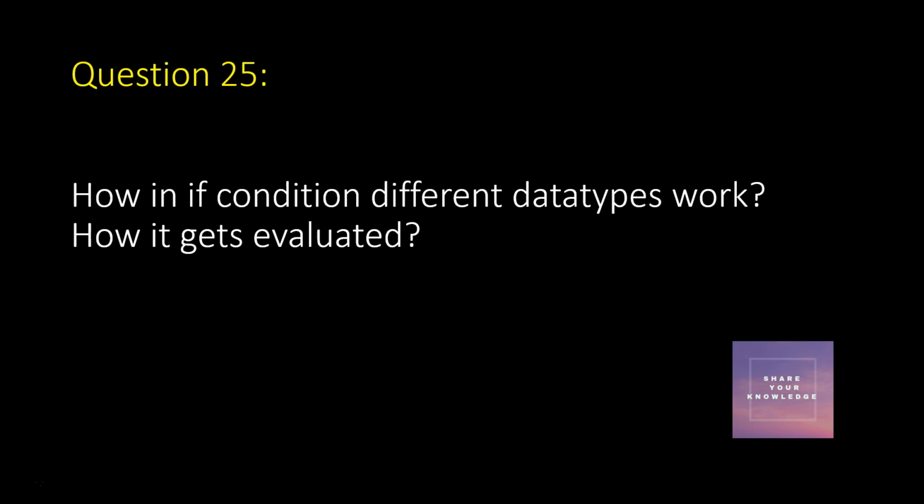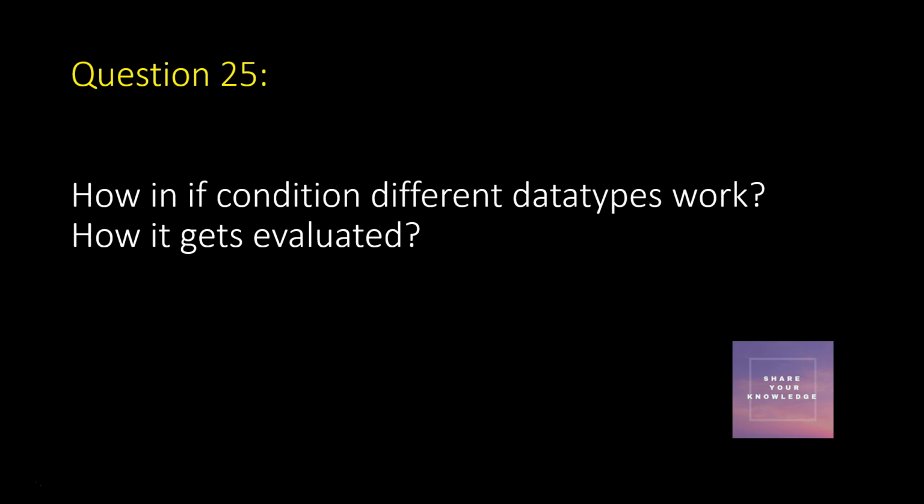And today's question is something which I came to know only recently. Maybe many people would have wondered how it works, but let us see today how it actually works. In JavaScript, in an if condition, different data types work.